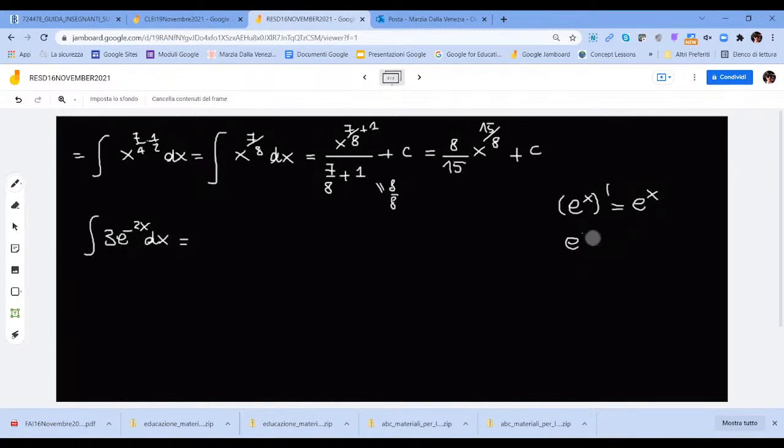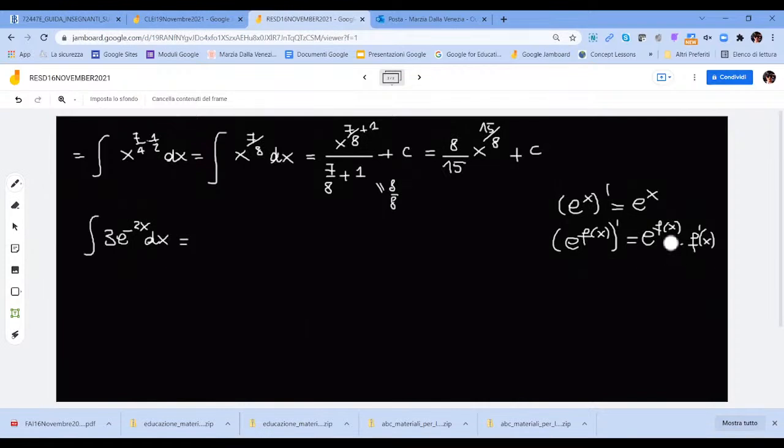But if you have e to some more complicated function f, and you want to derive, the derivative of this thing is e to the power of the function multiplied by the derivative of f.